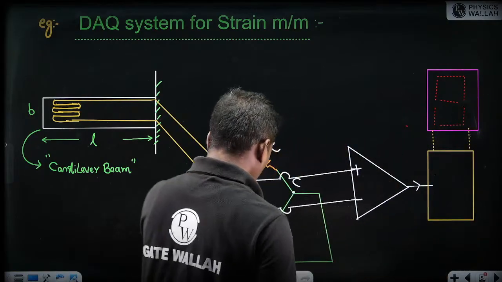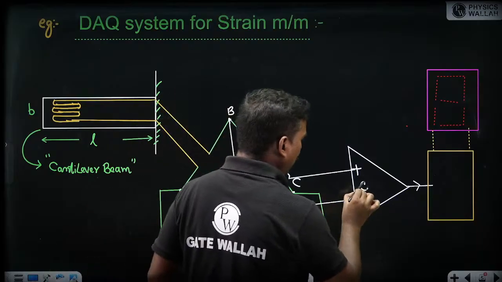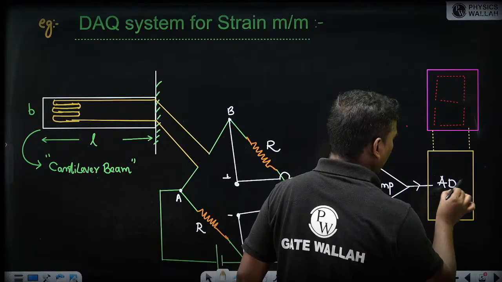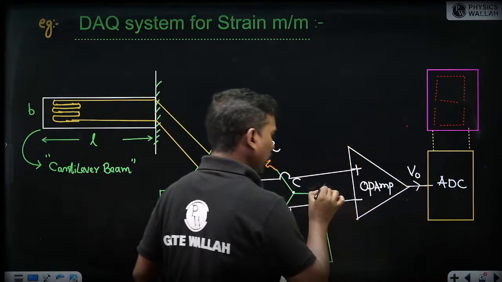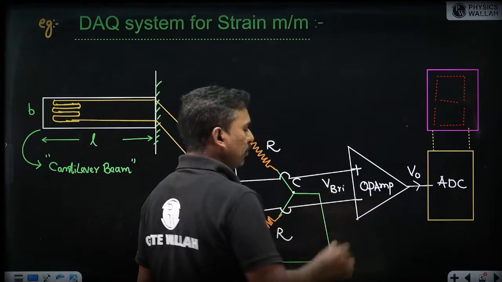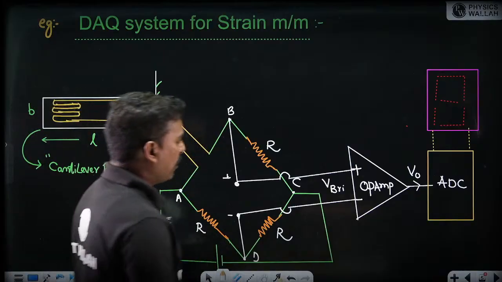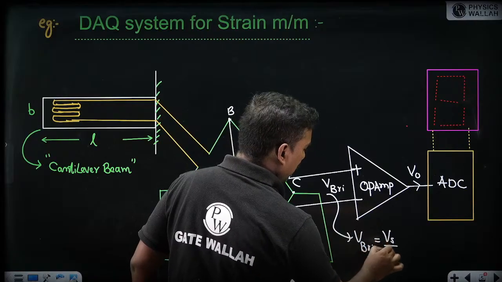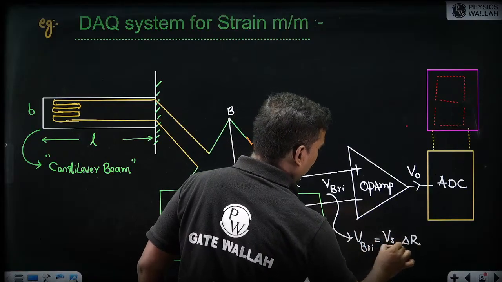So this is the operational amplifier. This is the ADC. Here comes the V0. Here comes the V bridge. हमको ये पता है this V bridge can be taken as Vs by 4 into delta R by R.